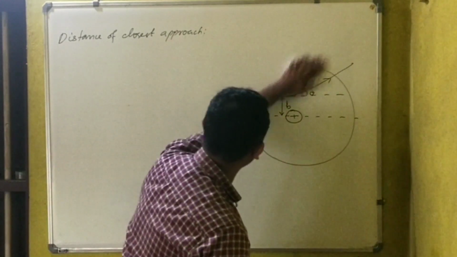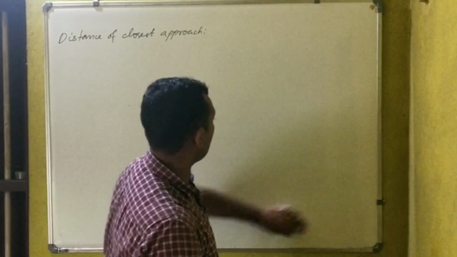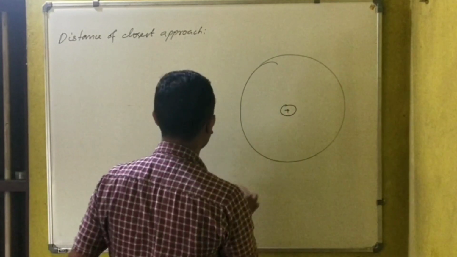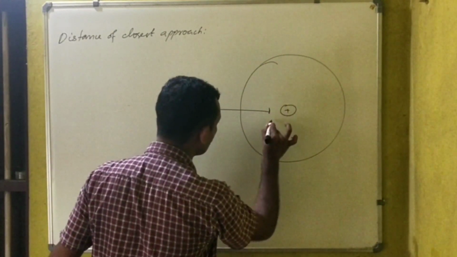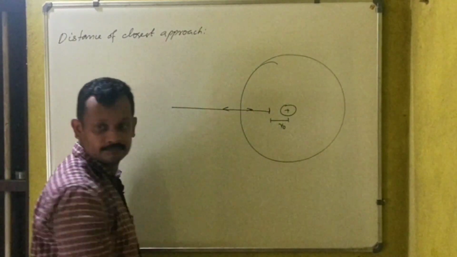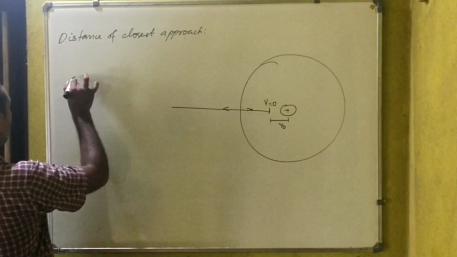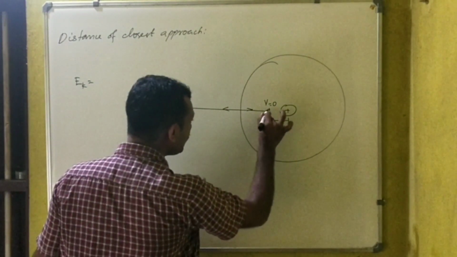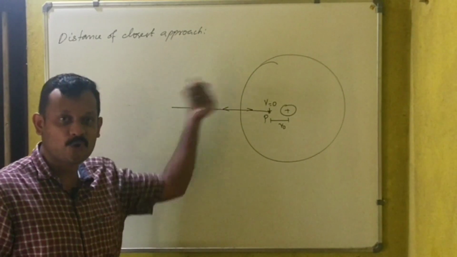Consider an alpha particle which is subjected to a head-on collision. It can approach up to a certain distance before it retraces its path. At this point, the velocity becomes zero, right? So at the point P, the entire initial kinetic energy of the alpha particle will be converted to electrostatic potential energy.